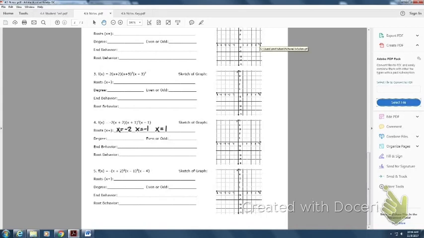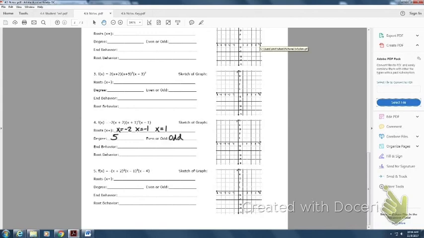The x plus 2, number 4, has a degree of 1. There's no exponent. This has a degree of what? The second one. The third one. And you add all together, so it'll be 5. So that's an odd.